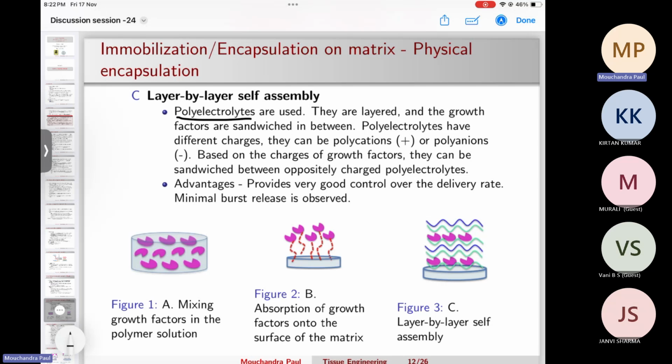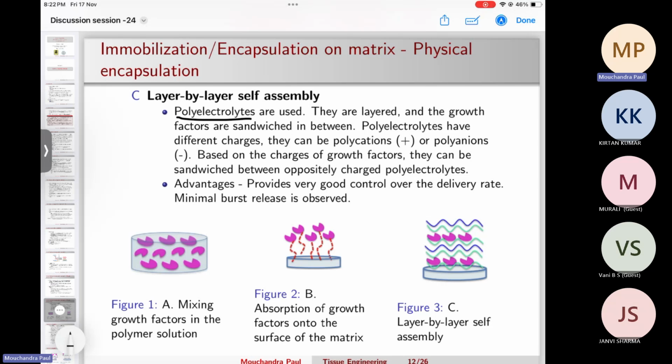First you give a layer of, say, positively charged polyelectrolyte, then you give your growth factor molecules, and trap them in between the positively and negatively charged polyelectrolyte. Due to strong electrostatic interaction, the two types of polyelectrolyte will not separate easily, but at the same time, they will trap your growth factor molecules in between.